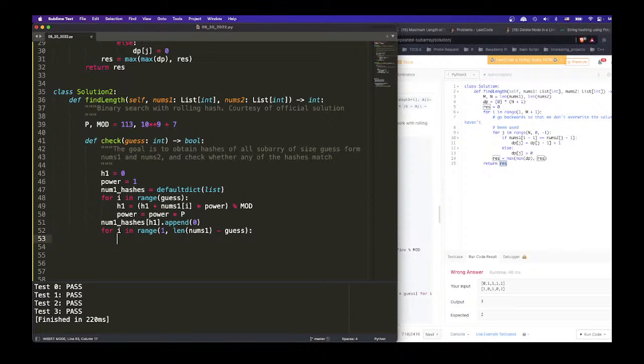Then what do we do? So for each one, we're going to say h1 minus nums1 I minus 1, right, this one minus this, the whole thing divided by p, then plus power times nums1 I plus guess minus 1.